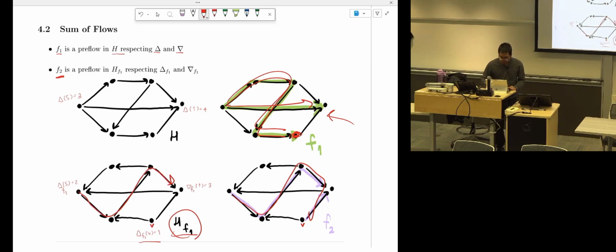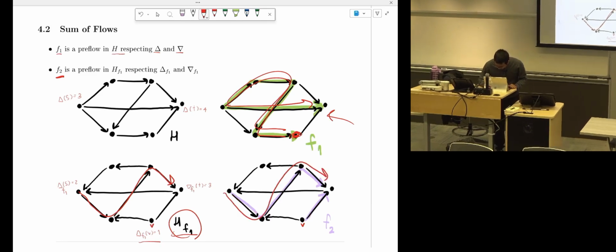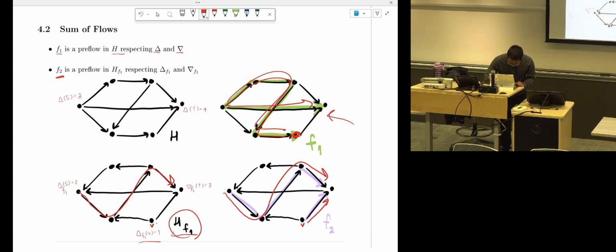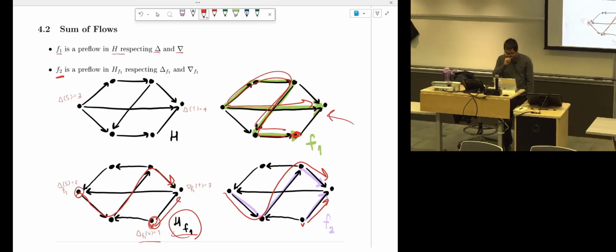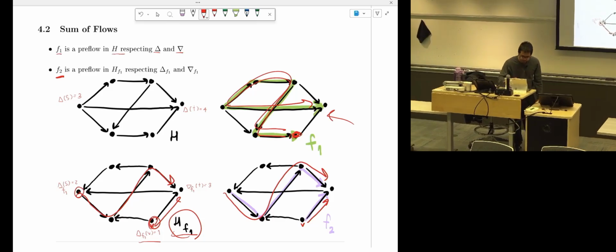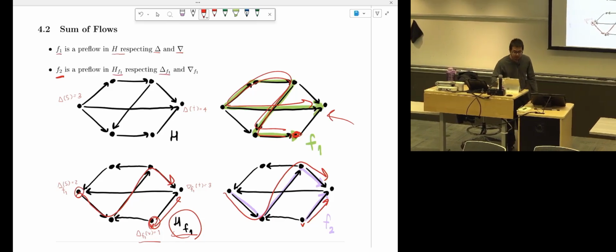Oh sorry, I send this one, I send this one. So I basically send from this excess here and from this excess here to the sink. This flow would respect this graph and the source and sink in this new graph. Now you can look at the sum of these flows.